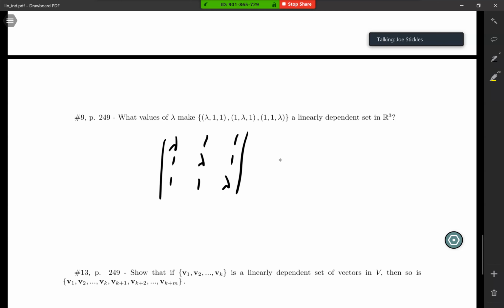Remember that list of stuff we have going about whether or not a matrix is invertible? Okay. So remember, for determinant, you can check whether or not a matrix is invertible by checking whether or not the determinant is 0. So in this case, I would set the determinant equal to 0 and find the values of lambda that give me this. So that gives me a linearly dependent set.